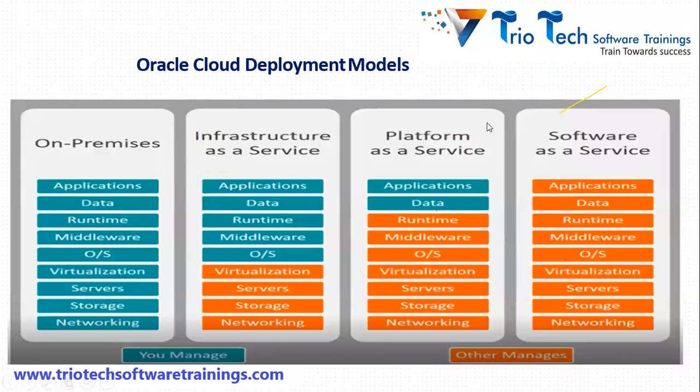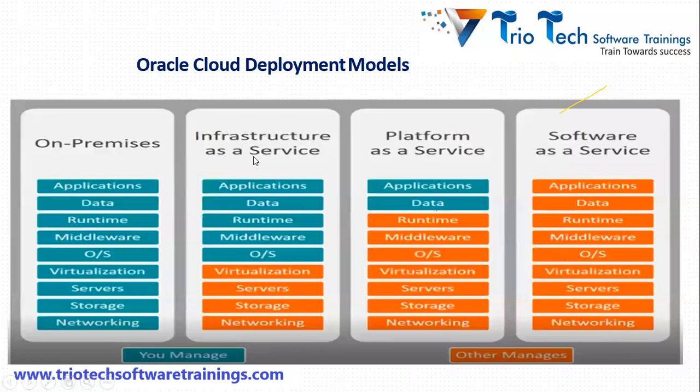In platform as a service, they are providing a platform where businesses can create their own custom applications and manage their data for those applications. The rest everything will be managed by Oracle. Again, separate licenses have to be procured by the client who wants to use this platform.